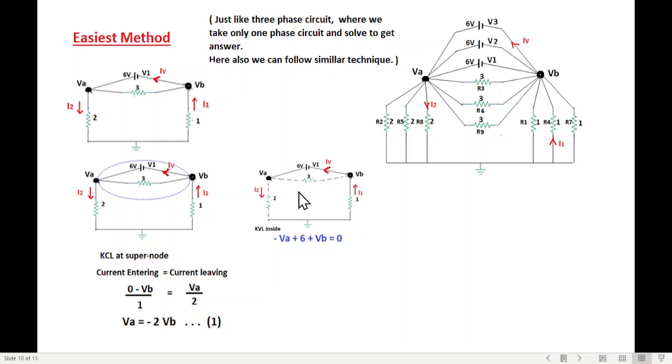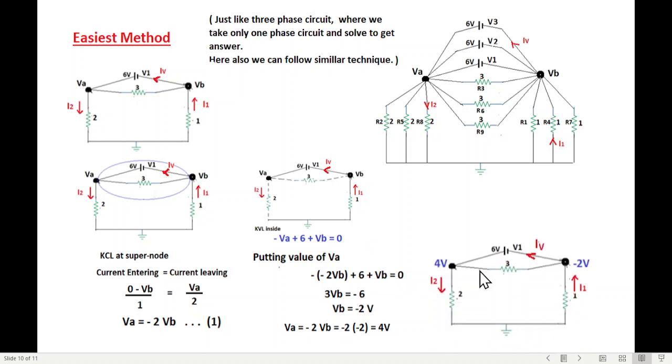KVL about this one, same equation we are getting. From here, putting the value of VA, VB is minus 2 and VA is 4. So we have now got VA and VB for the single circuit, which are the same.